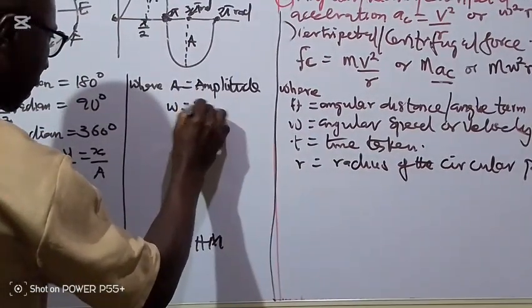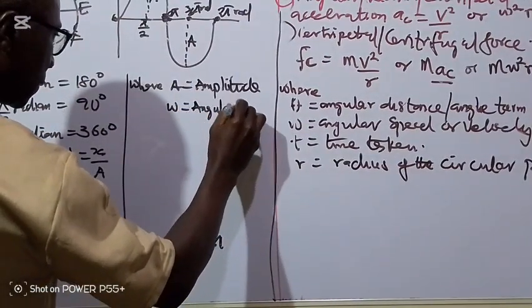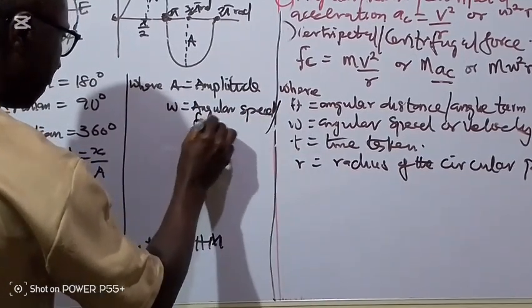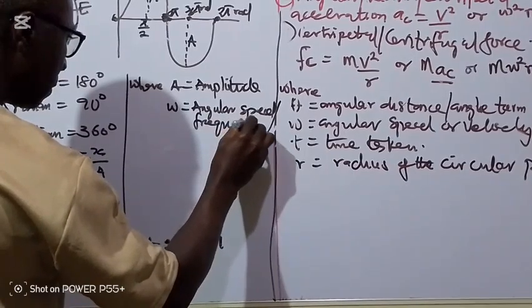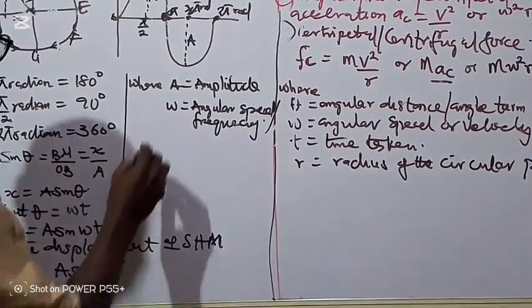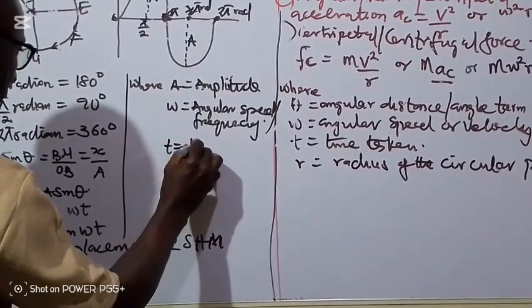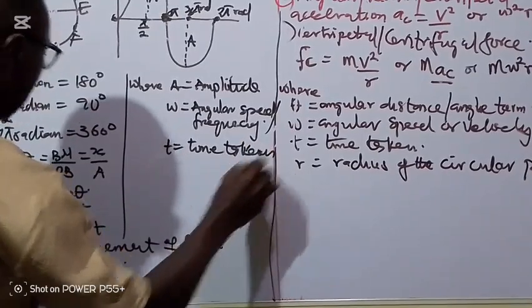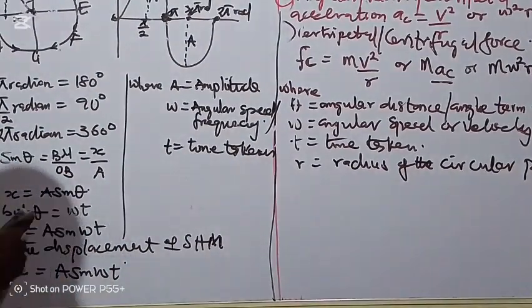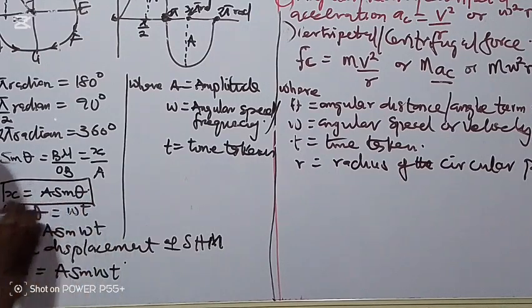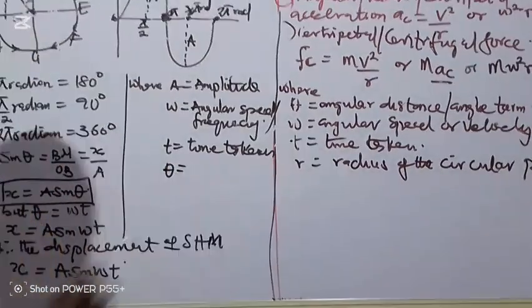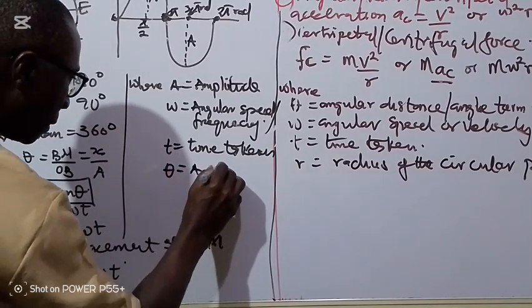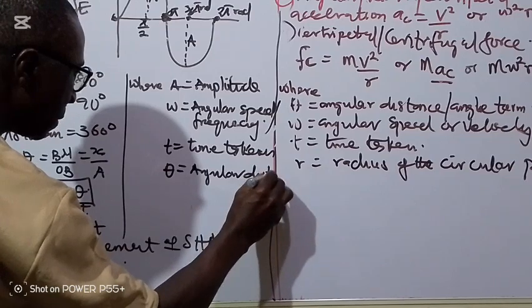Then t is the time taken. If you consider it from this angle, theta will be the angular distance, or angle turned through.